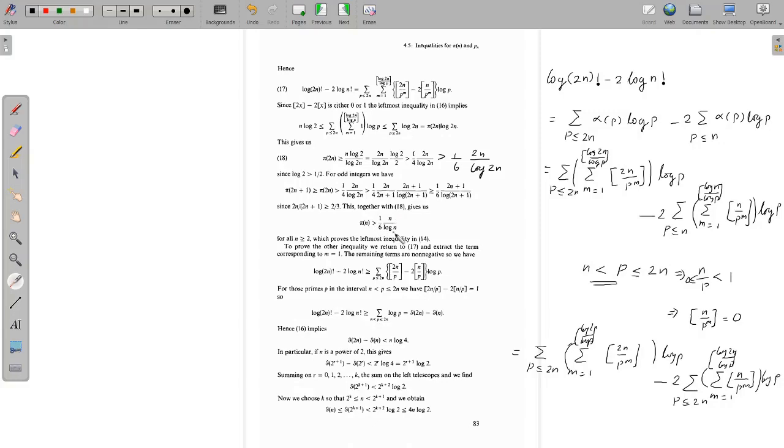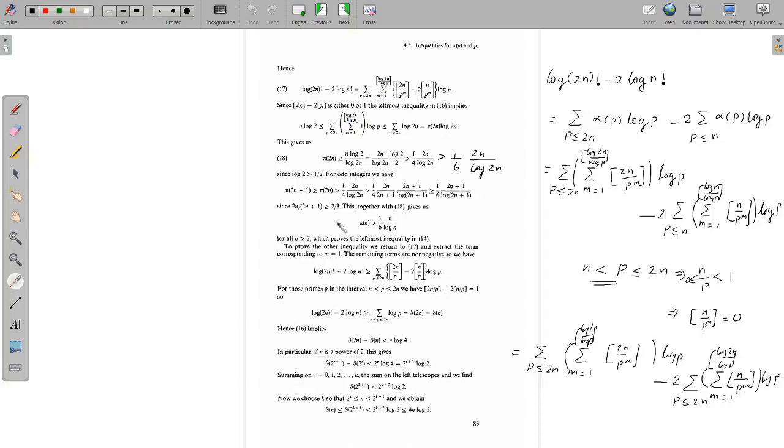Now, in order to prove the other inequality, we start with the same result we have obtained here, that is 17. In 17, we replaced this quantity by 1 in order to get the inequality here.